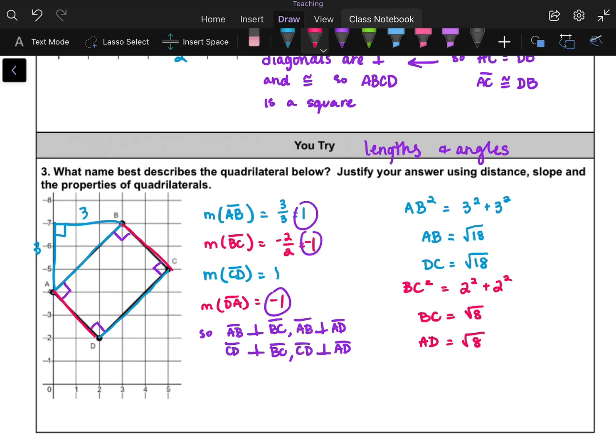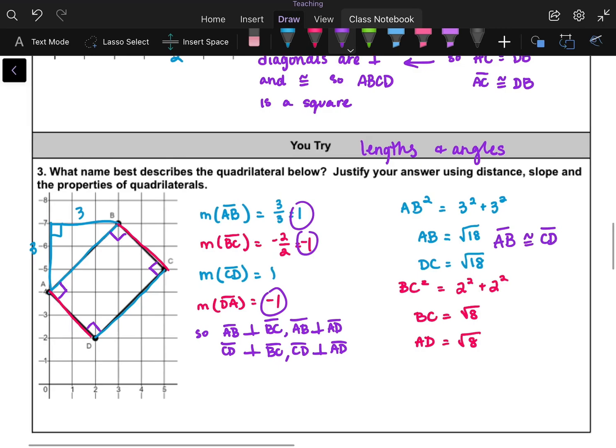So what do you notice about these two sides? Good, so you see that side AB is congruent to side DC or CD, and then we also have side BC is congruent to side AD.